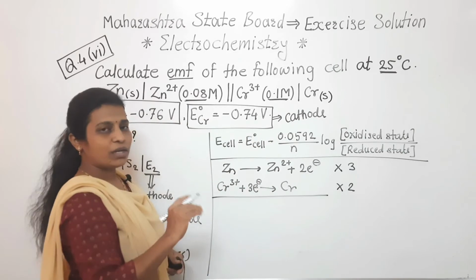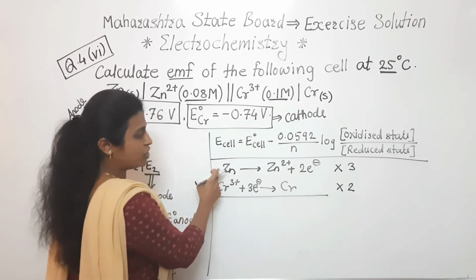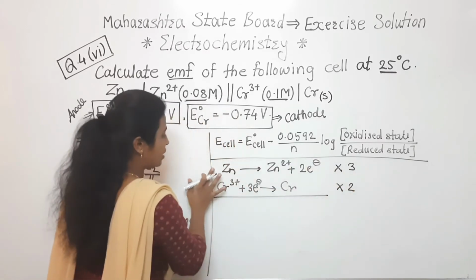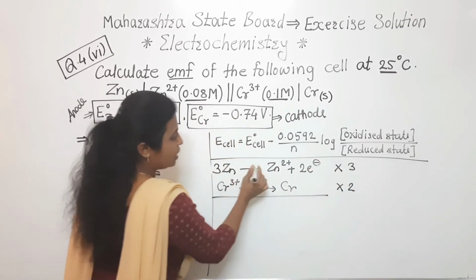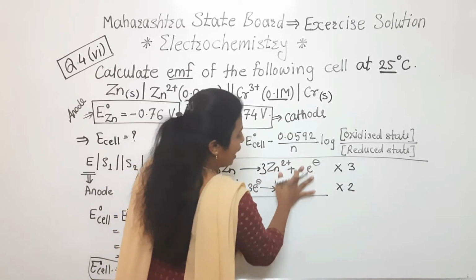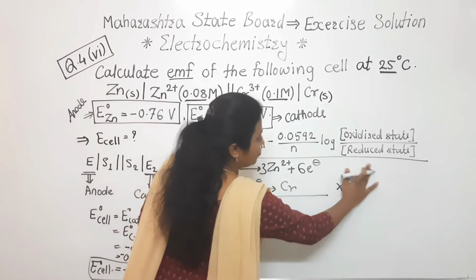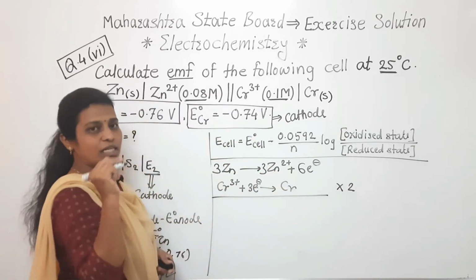And after multiplication, what will be the reaction? That I will change here only. If we multiply by 3, then that is applicable to Zn, Zn2 plus as well as to the electrons. So here we have multiplied by 3. Now the second reaction, that we have to multiply by 2.